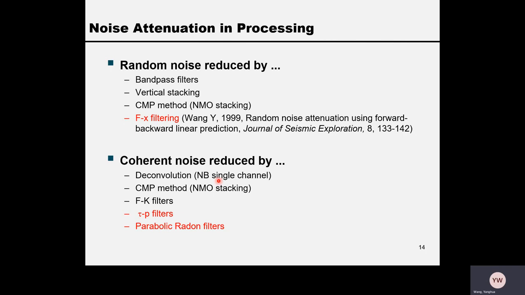Today, we'll learn two methods. One is called the tau-p transform filter. One is called the parabolic Radon transform filter. So similar to FK, tau-p and the parabolic Radon are two transforms that explore the different features of a coherent event.